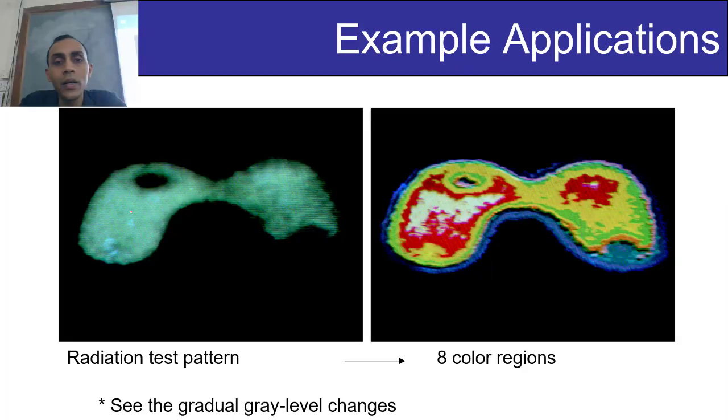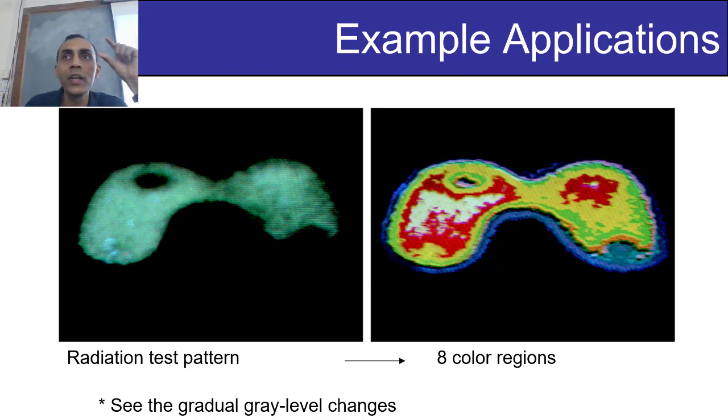So an example of this is shown here. This is a monochrome image from some biomedical X-ray or radiation patterns. Of course, this is also not exactly grayscale here, but it doesn't have many shades of colors. So we can actually introduce pseudo colors by doing intensity slicing.